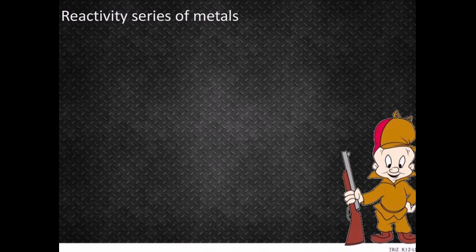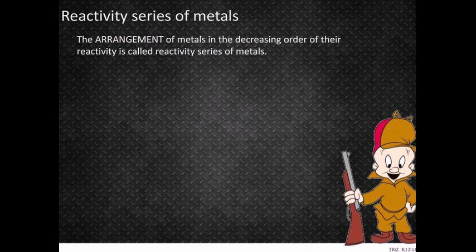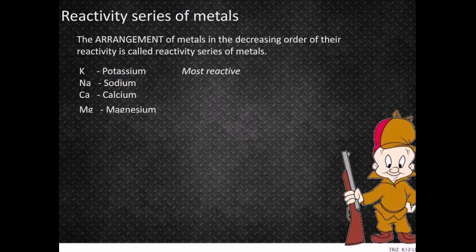Reactivity series of metals. The arrangement of metals in the decreasing order of their reactivity is called the reactivity series of metals. K, potassium, most reactive. Na, sodium. Ca, calcium. Mg, magnesium. Al, aluminium.